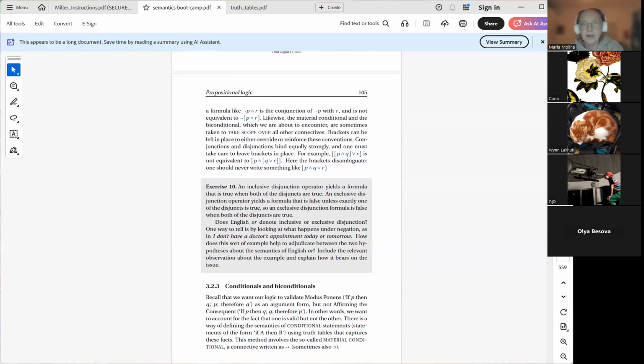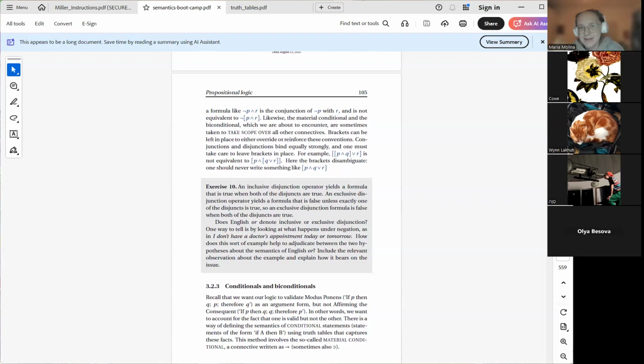If P is true and Q is true, then inclusive or, P or Q, is true, and exclusive should give false, because it's not or, it's both.